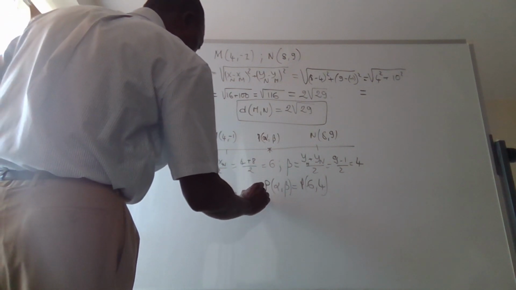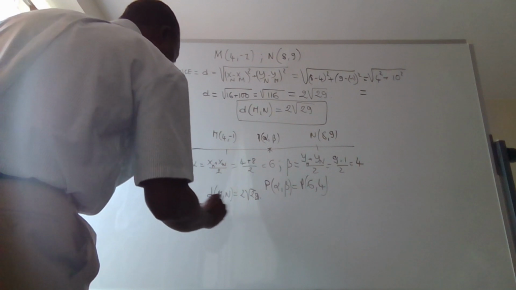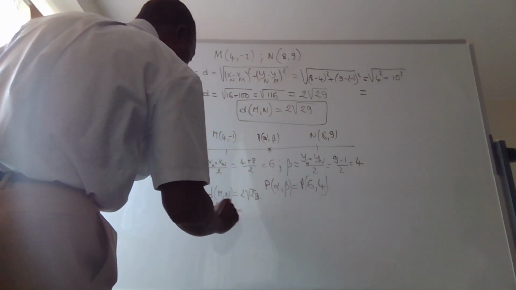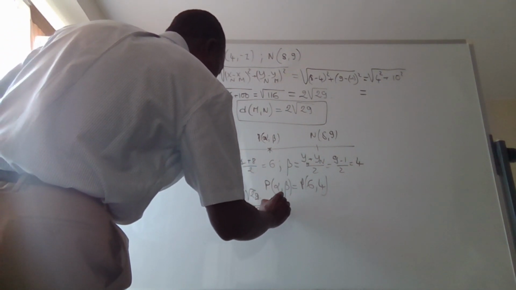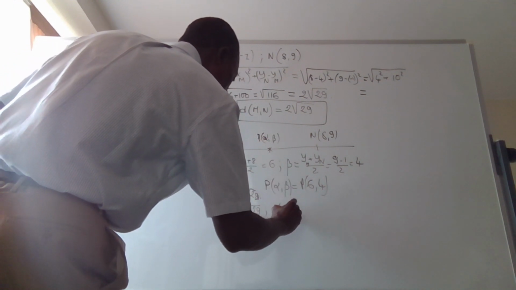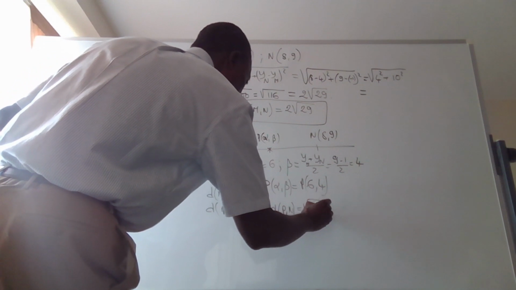Now if you compute distance MP, we find it equals square root of 29, and distance PN equals square root of 29.